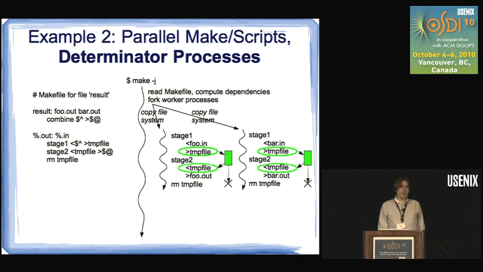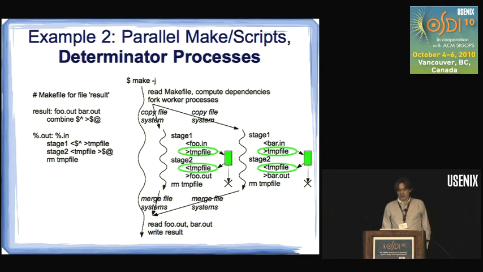And it deletes this temporary file in its local working copy. By the time we get to the rejoin, where they rejoin the parent, Determinator merges the results of the file system, and now only the foo.out and bar.out actual results are left. It merges those together, and it combines them into the final result.